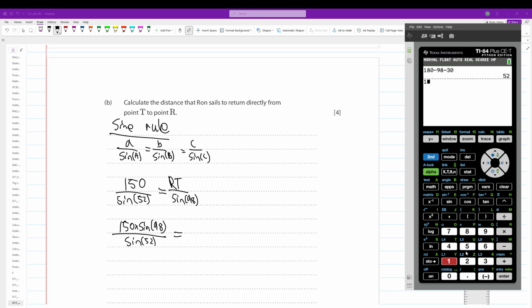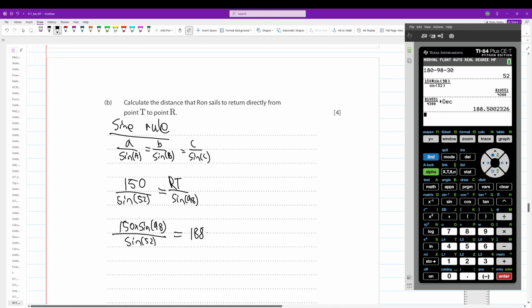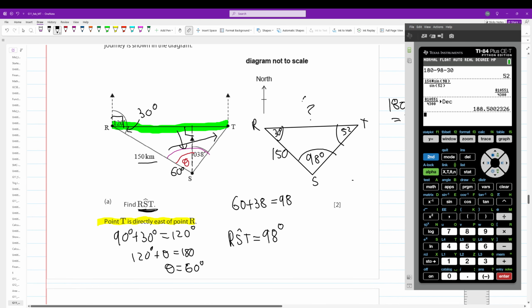And we're going to type that into our calculator. 150 multiplied by sine 98 over sine 52. Okay, so I need to take that number and press math, decimal, 188.5. Cool. Common sense check. Does that feel right? Yes. That feels right for that length right there to be 188 meters, kilometers.